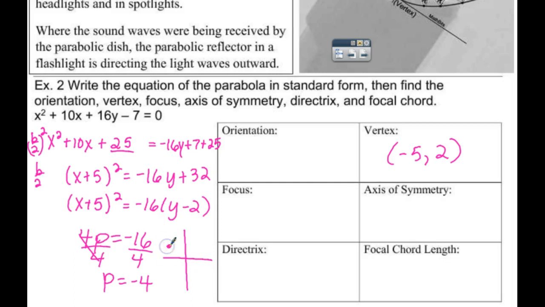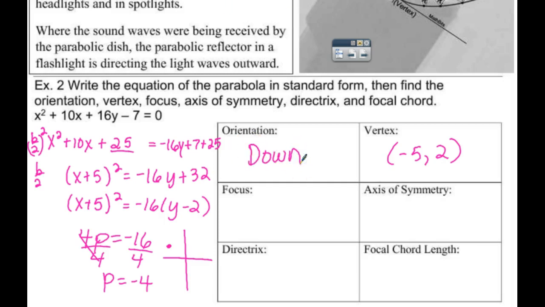So if this is the vertex, what the p tells me is which orientation I'm going to have. So from the vertex, the focus, I would count down 4. If I'm counting down 4, it means that the orientation is it opens down.